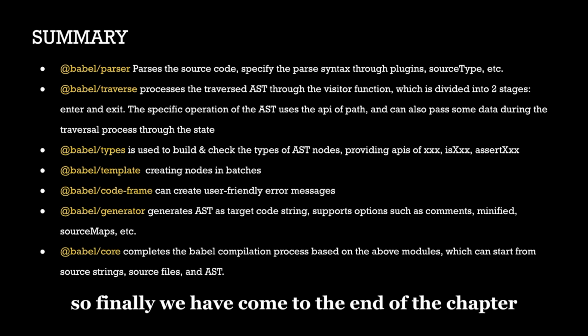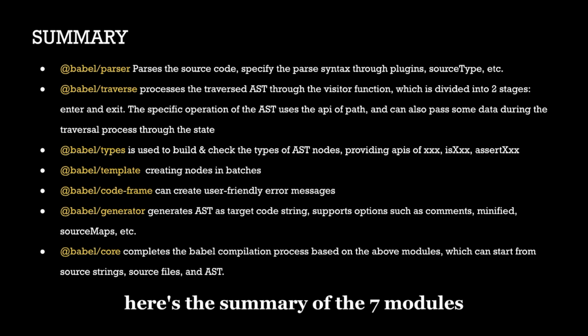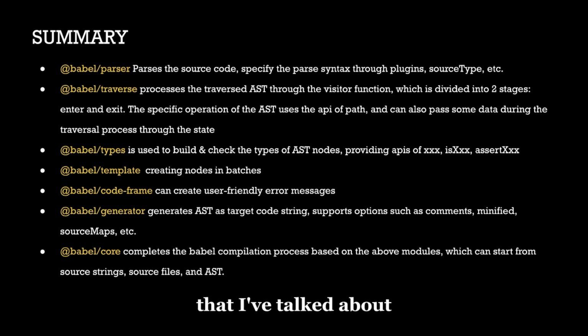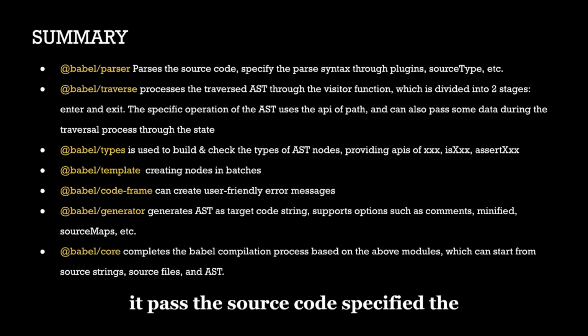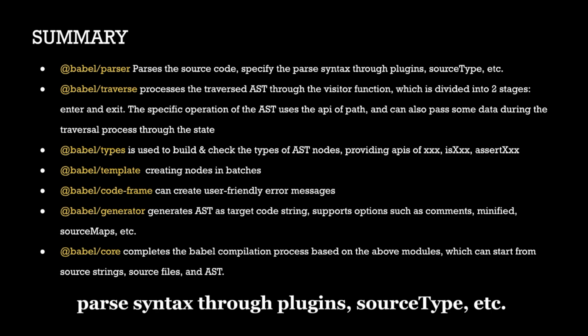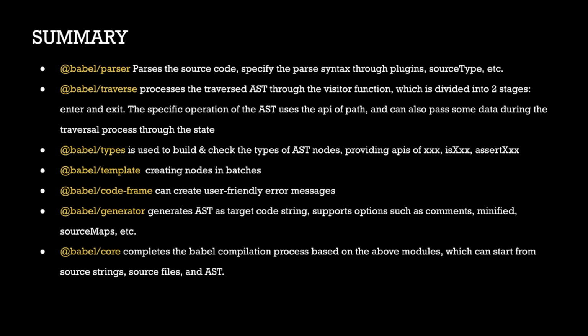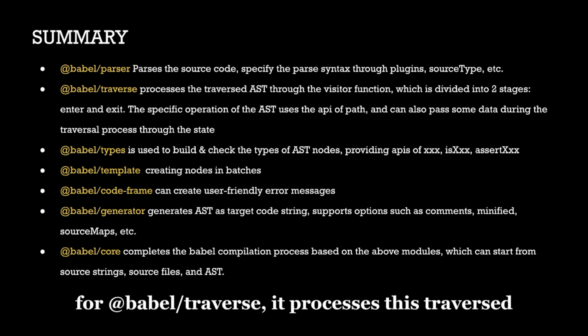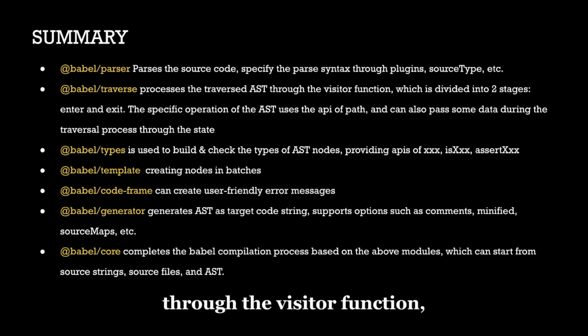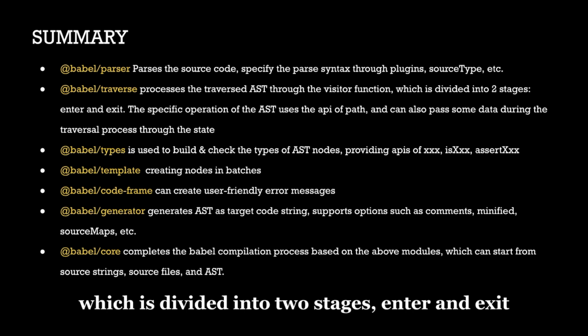So finally, we have come to the end of the chapter. Here's the summary of the 7 modules that I've talked about. So for Babel parser, it parses the source code, specifying the parse syntax through plugins, source types, etc. For traverse, it processes the traversed AST through the visitor function, which is divided into two stages, enter and exit.